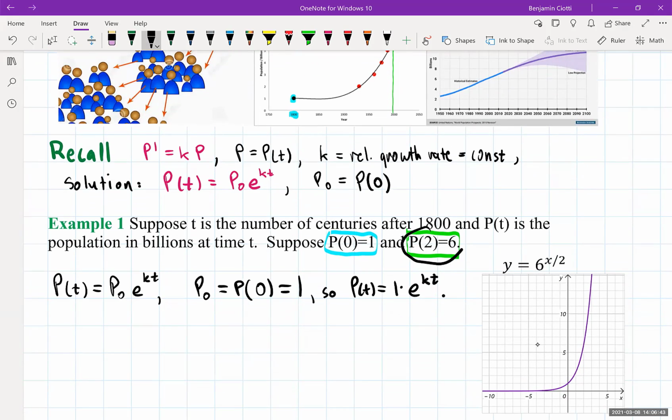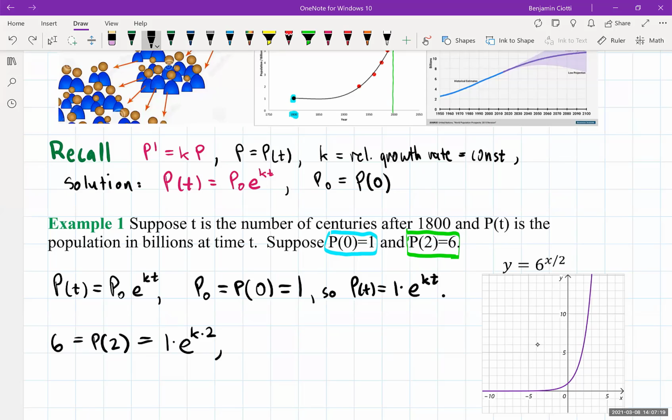Moreover, we have a second data point about the population in the year 2000. So 6 is P of 2, which apparently is 1 times e to the k times 2. I could solve this equation for k if I wanted to, although it's actually not necessary. It turns out to be a little bit more convenient for my purposes to just find what e to the k is.